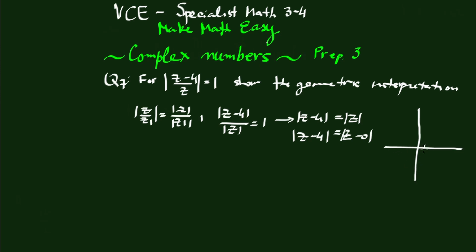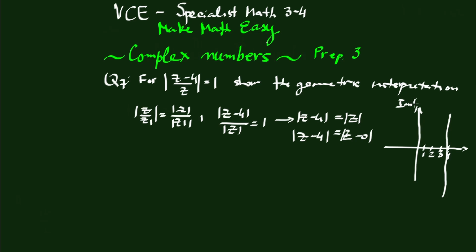that would be 1, 2, 3, 4. So that z number here has x coordinate 4 and imaginary part 0. So the real part of this number, the second component, is x equals 4.